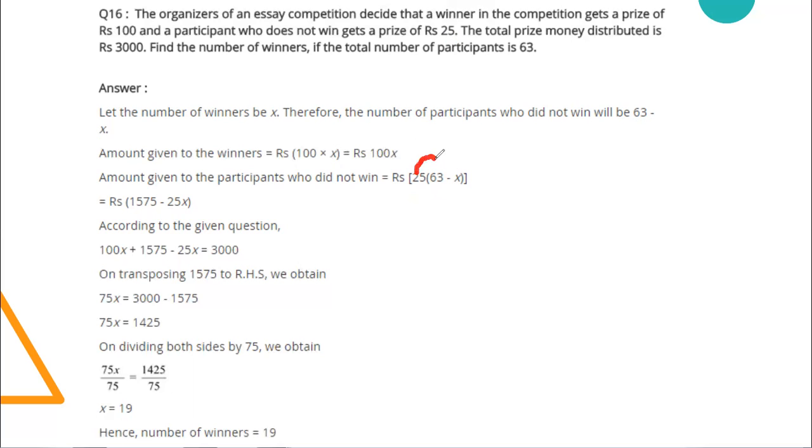We'll be multiplying 25 into 63 and 25 into x, right? Now, this is the binomial multiplication. So when we multiply 25 into 63, what's your answer? 1575. And when you multiply 25 into x, that is 25x. The minus is as it is written, right?